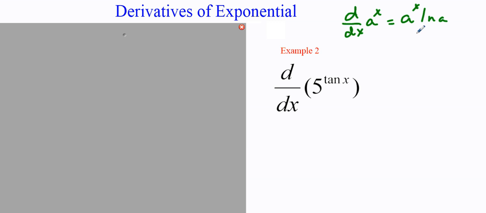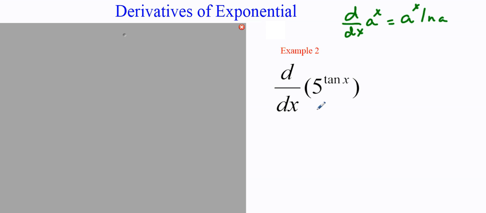The a is a base which is not e, so it's a base greater than 0, but it can't equal 1. So what we have here is 5 to the tangent of x.